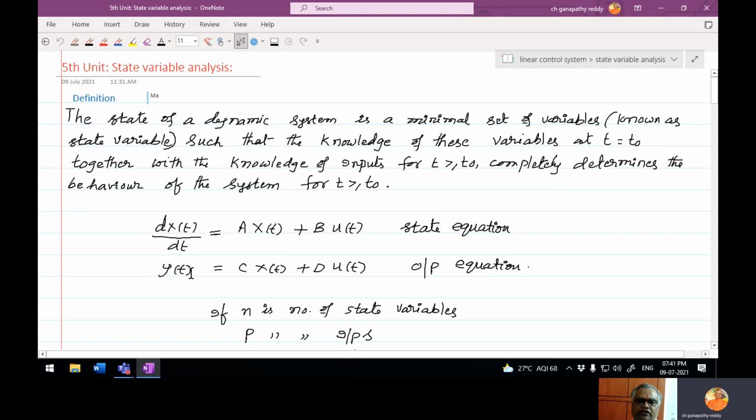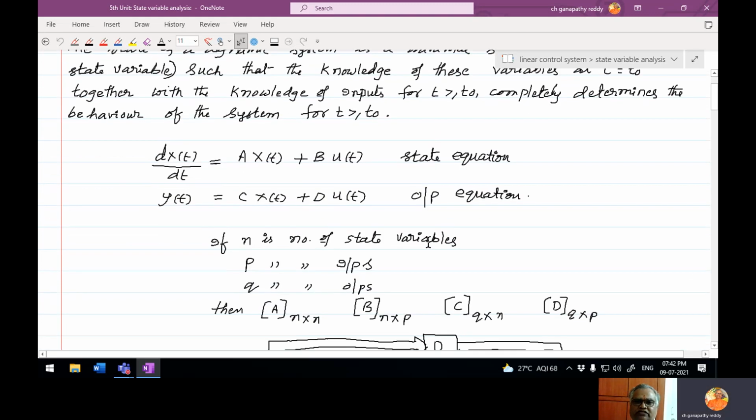Then the output y of t equals C x of t plus D u of t. The output depends on the input and also on the state variables. The first is the state equation, the second is the output equation. You compulsorily have to remember them.